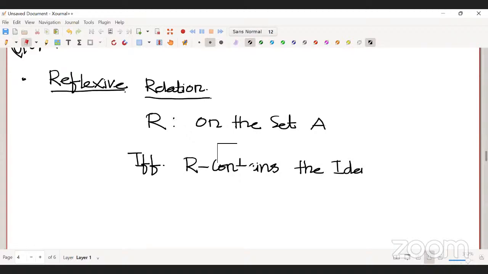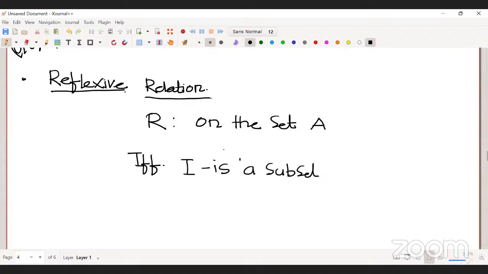Not contains, contains is not the correct one. If and only if the identity relation is a subset of R.